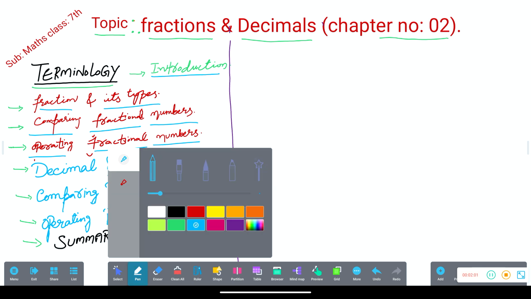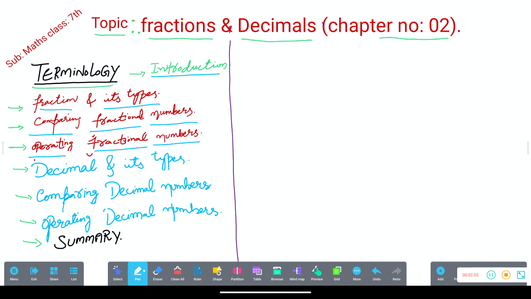These three topics are included in the first part of the chapter, because the chapter's title is fractions and decimals. It has been split into two parts. One part is of fractions, another is of decimals. These first three topics will deal with the first part of the chapter, that's fractions.